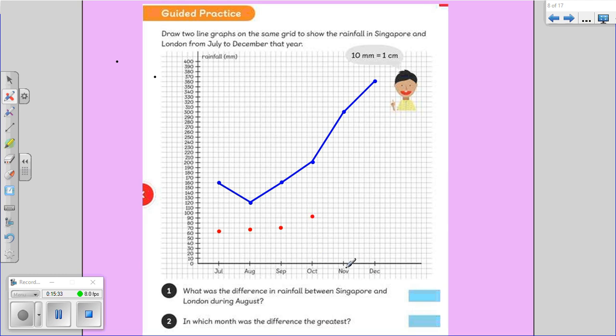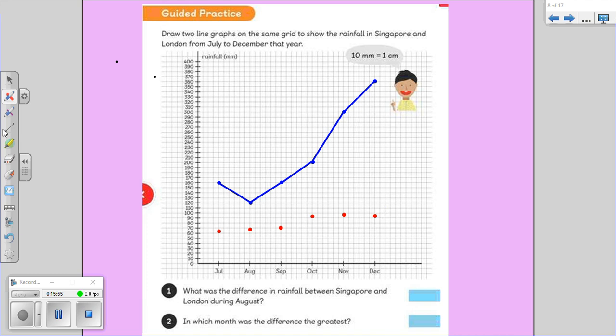For November, 88, so before 90. And then finally for December, it is 86. So nearly just over halfway between 80 and 90.